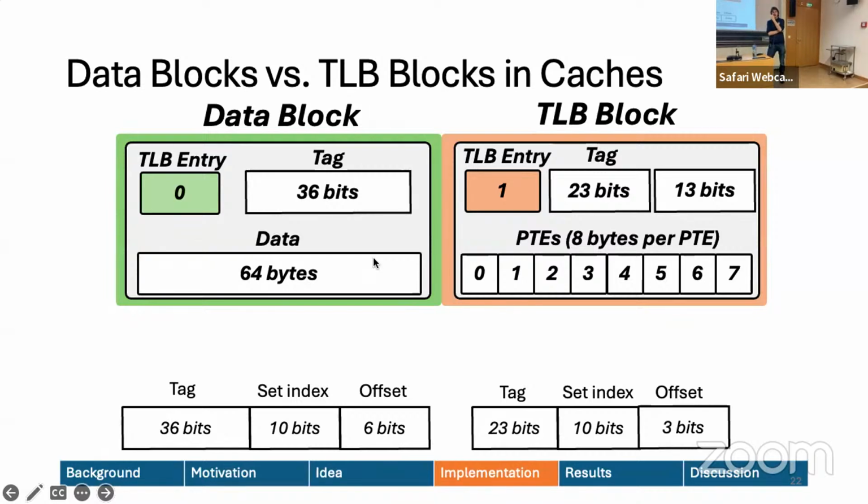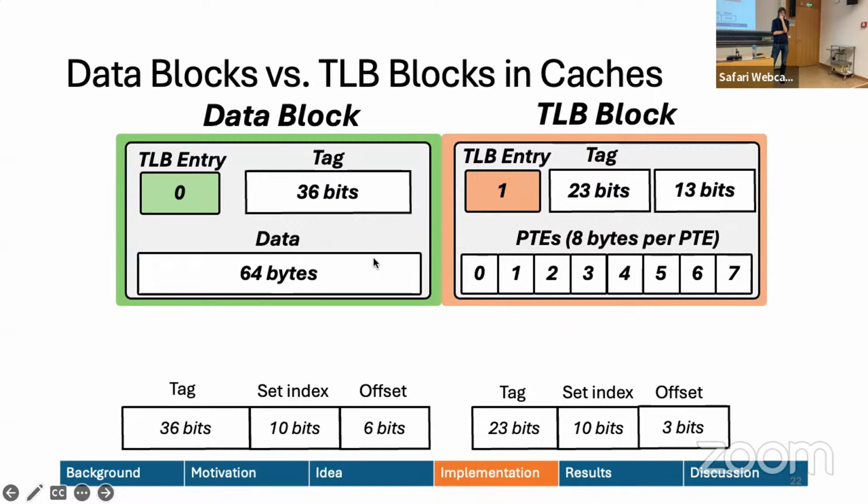So if another process evicts a TLB entry, invalidates the cache line, then we lose that entry. Yeah, I think so. Or is this a baseless question?